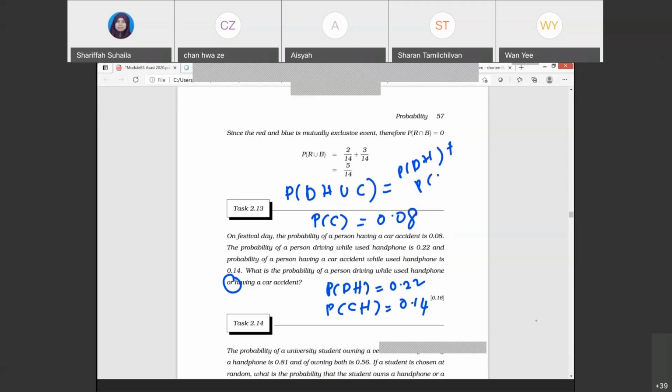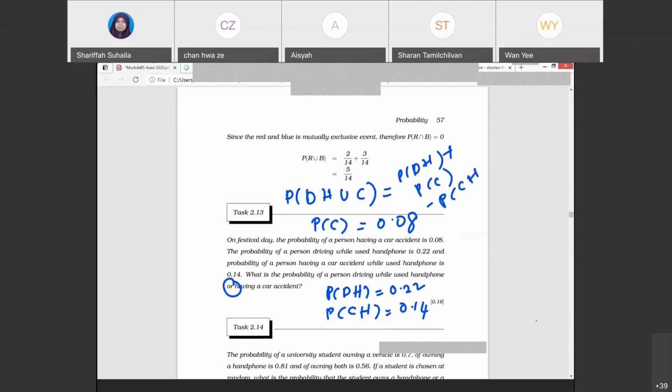Plus probability of C, minus CH, right? So you have 0.22 plus C, which is 0.08, minus 0.14. Then you get 0.16.